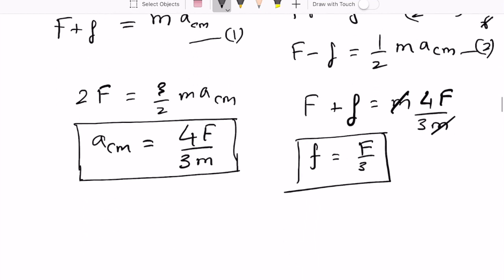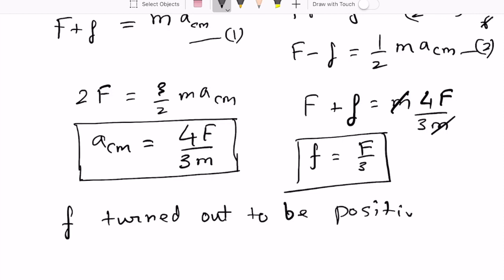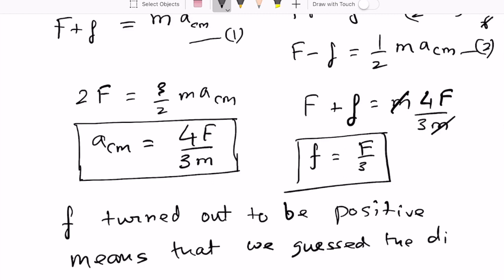Notice that little f came out to be positive. The fact that little f turns out to be positive means that we guessed the direction of friction correctly.